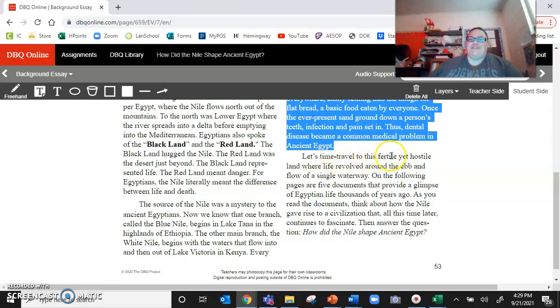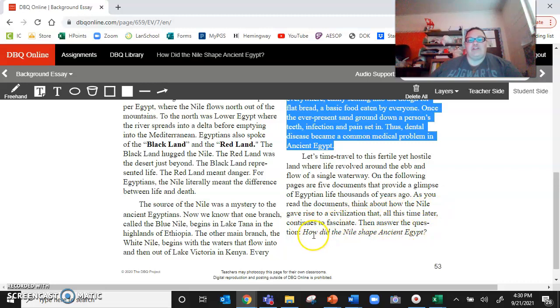Let's time travel to this fertile yet hostile land where life revolved around the ebb and flow of a single waterway. On the following pages are 5 documents that provide a glimpse of Egyptian life thousands of years ago. As you read the documents, think about how the Nile gave rise to a civilization that, all this time later, continues to fascinate.